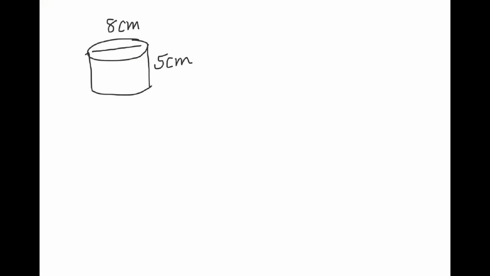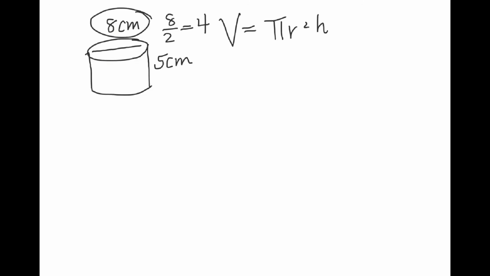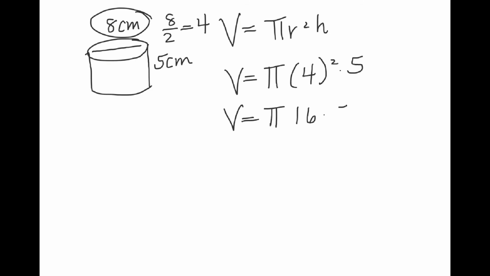Okay, so let's review this one. Volume equals pi r squared times height. This is not an r, so we divide it by 2 to make it an r. And now we just plug stuff in. 4 squared times 5, which gives us 16 times 5. And 16 times 5 is 80.